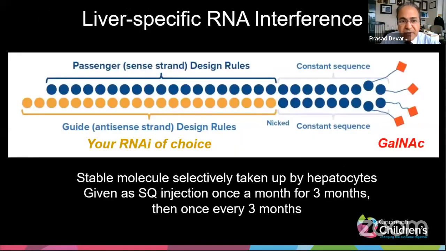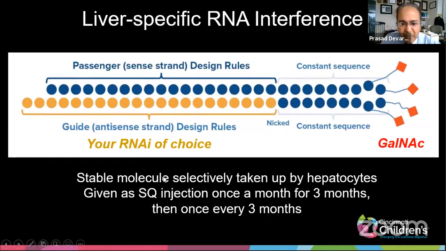And the explanation for that liver-specific interference is here. You can take your RNA inhibitor of choice, whatever you want to inhibit, and you put it in there, and then there's a constant sequence, and there is a sequence called the GalNAc sequence, which then targets this substance only to the liver.